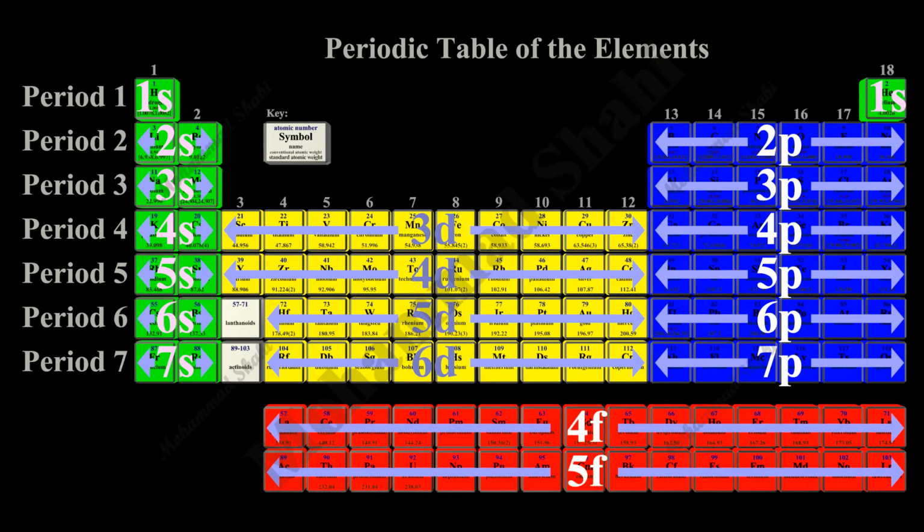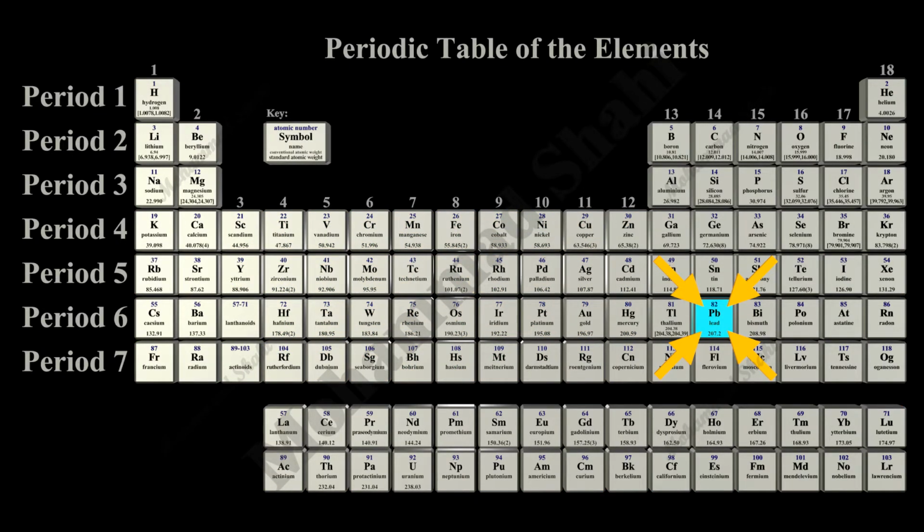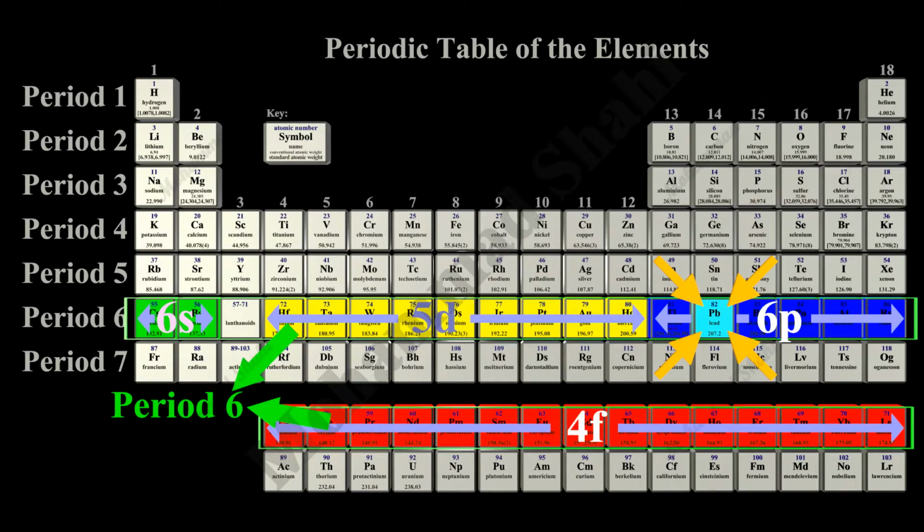By considering this arrangement with the periodic table at hand, it is easy to obtain electronic configuration of atoms. For example, to obtain electronic configuration of lead, at first we find its position in the periodic table. Lead is located at the 6th period, in which the atomic subshells 6s, 4f, 5d, and 6p are filled respectively. And before their filling, the period 5 ends at the 5th noble gas, xenon.